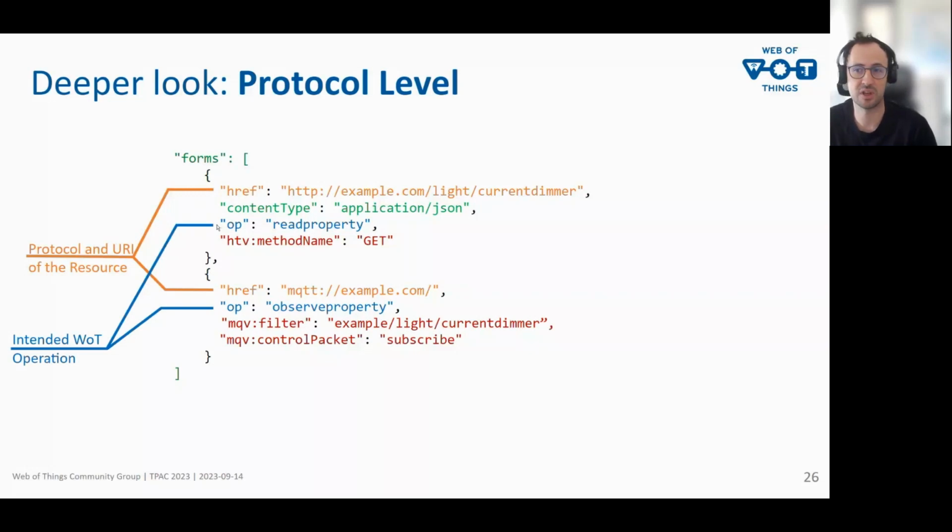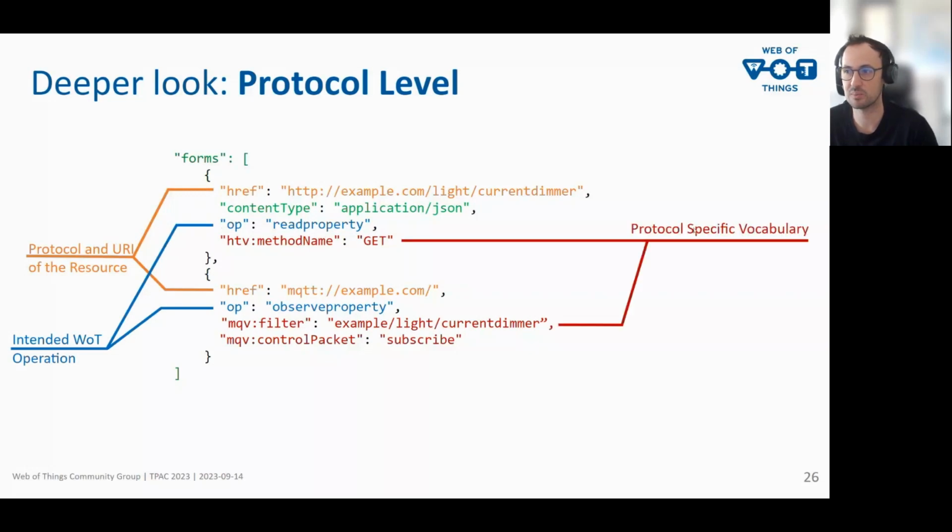And for properties, we have readproperty and observeproperty. We also have writeproperty and unobserveproperty. Here, the example shows you how to read a property. And thanks to this protocol-specific vocabulary, the client can use the information to configure itself and then obtain the result it wanted. So for the readproperty, it needs to do a GET operation at this URI, expecting the application/json content type.